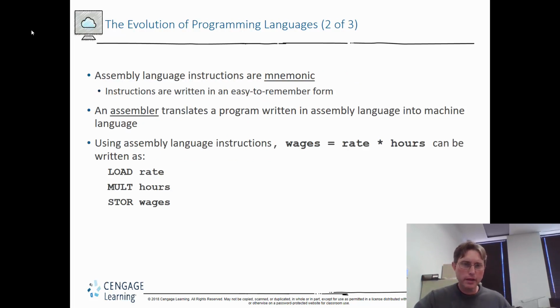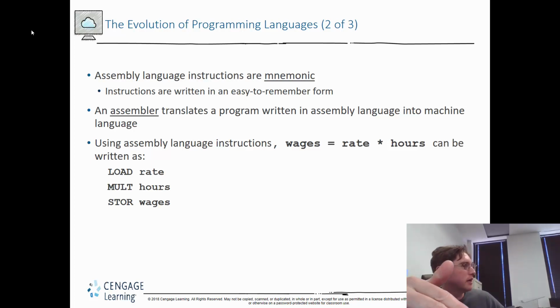Well, I don't understand what that means. So there's something called assembly language, and the idea with assembly language is we can replace each one of those machine language instructions with something that looks a little more like English. So the instructions might be like load rate, mult hours, store wages. But it's still the same number of steps.